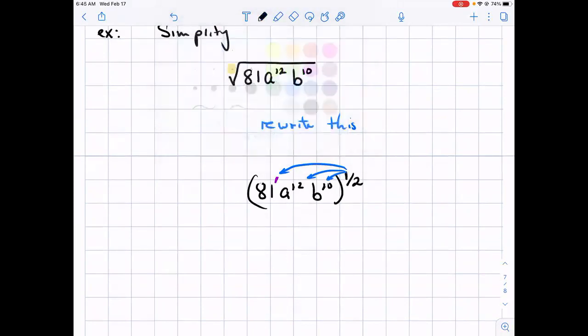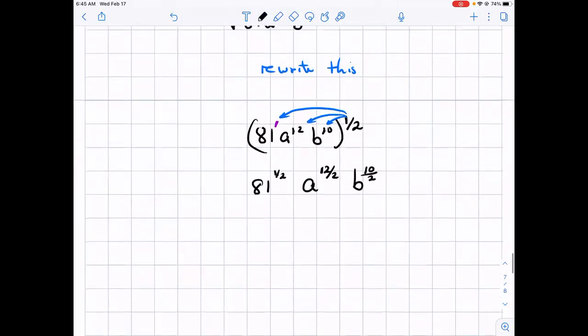So we end up with 81 to the 1/2 power, a to the 12/2 power, and b to the 10/2 power. And remember, 1/2 power really means square root. So the square root of positive 81 is 9.